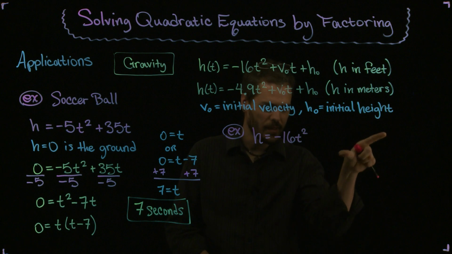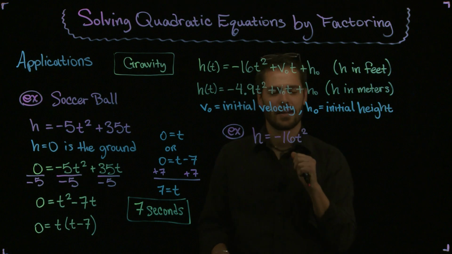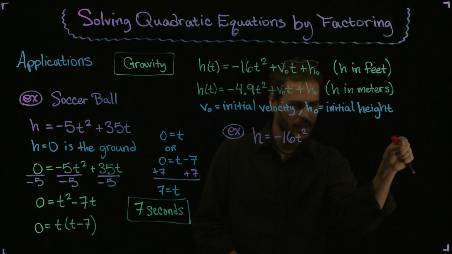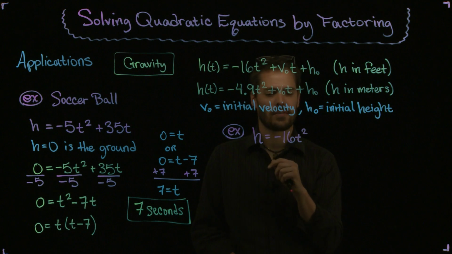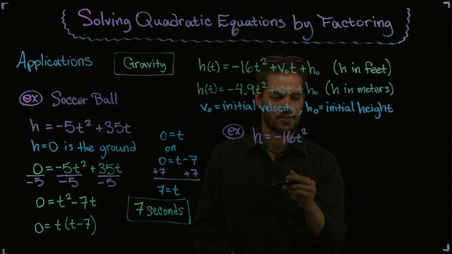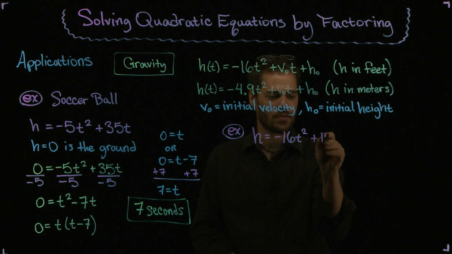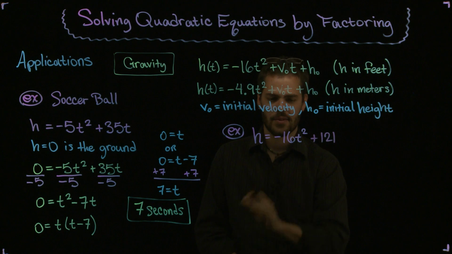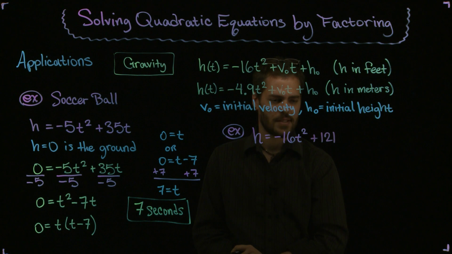And since we're just dropping something, I'm not going to put any kind of initial velocity on this. I'm just holding it out and then letting it go. So the initial velocity is 0. There is no v naught times t term, but let's give it an initial height plus 121 feet. I'm using the equation in feet. We're at the top of a building at 121 feet, which is maybe strange. Who knows why they did it 121 feet.